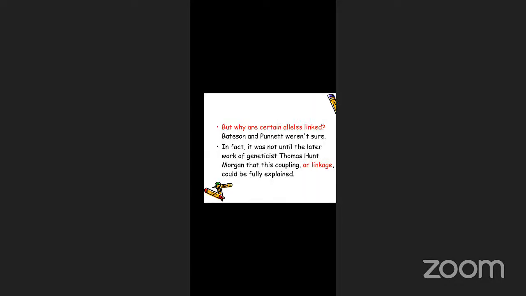If it were independent assortment, only 50% of the cases should be parental and the other 50% recombinant. Recombinant means there will be new combinations. But here the parental genotypes and phenotypes are reappearing more frequently. This is because the genes are not independently assorting. There is some deviation. Then they came to know that something is happening, some deviation is there.